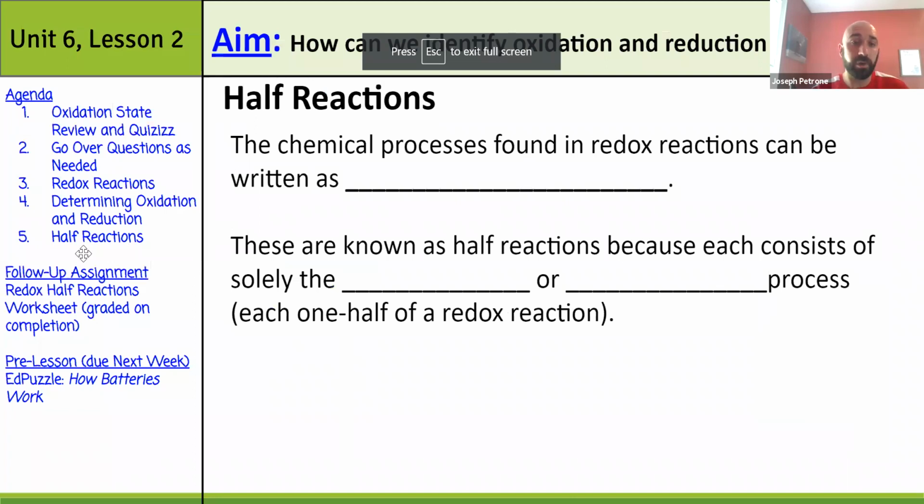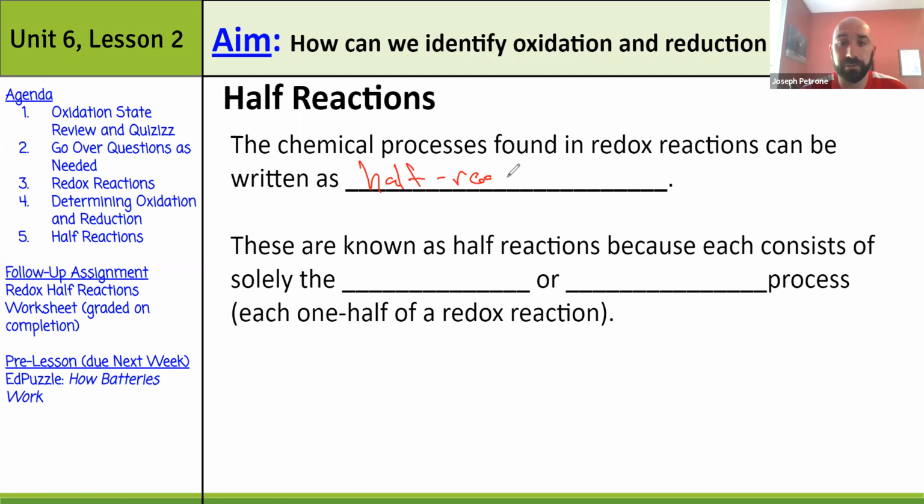So we've been talking about redox reactions, these oxidation and reduction processes. These particular chemical processes found in redox reactions can be written as things called half reactions. They are known as half reactions because each consists of solely the oxidation or reduction process.